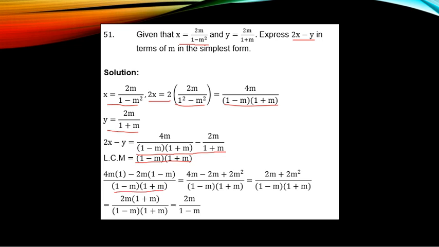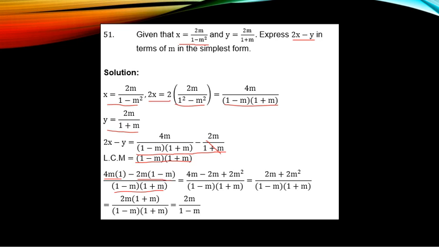If you divide the LCM by the first denominator, that is 1 minus m, 1 plus m, you are left with 1 that will multiply 4m. Then minus, you divide the LCM by the second denominator, that is m plus 1, you are left with m minus 1 that will multiply 2m.